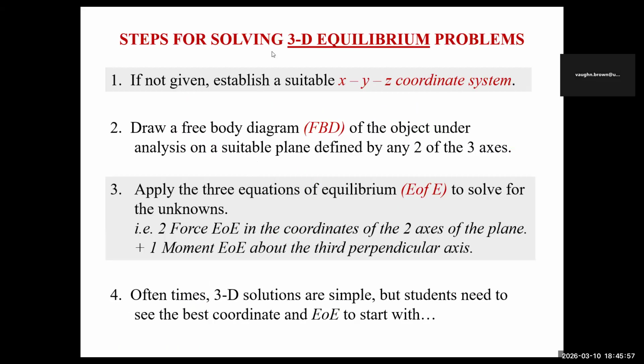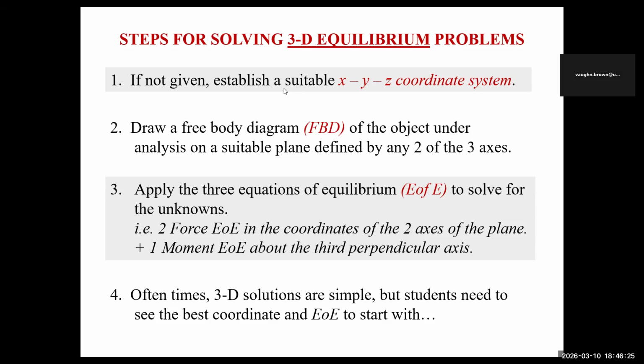So the steps here, you look at, steps for solving a 3D equilibrium problem. If not given, you establish some suitable X, Y, and Z coordinate system. For the 3D frame, draw a free body diagram again, apply the 3 equilibrium equations, and note two force equilibrium equation coordinates of the two axes of the plane, and one moment about the third perpendicular axis.